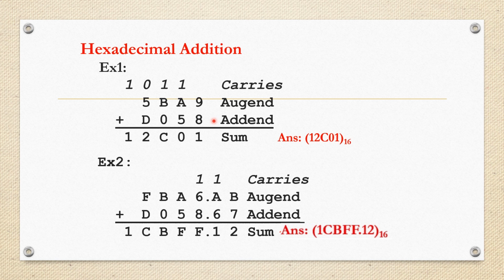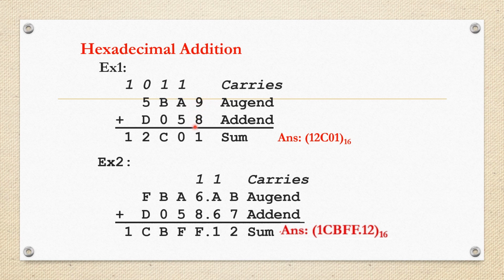So this is decimal 17, and then we are going to convert it into hexadecimal. So 17 in hexadecimal is 1, 1. So the least significant one will go here, and the most significant one will go here as a carry.